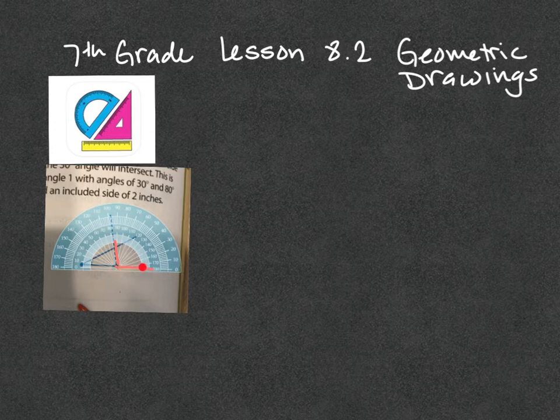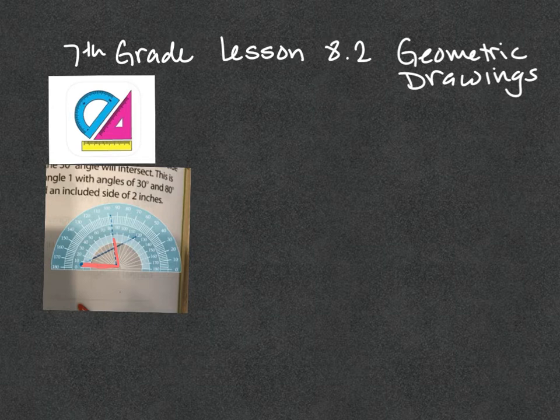In this case, if the ray is pointing this way, you start at 0 and then you go back depending on where this one is at. So this one would be starting at 0, and it points up to 100. So that would be a 100-degree angle right here. This other one that you can see going this direction, if I had lined it up correctly, and by now you probably remember that a straight angle that's lying flat is 180 degrees.